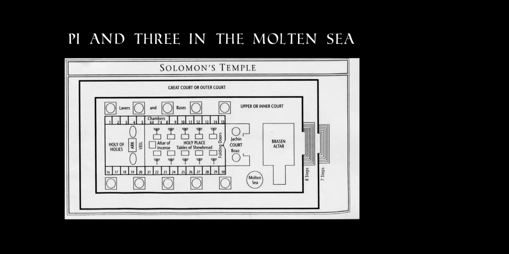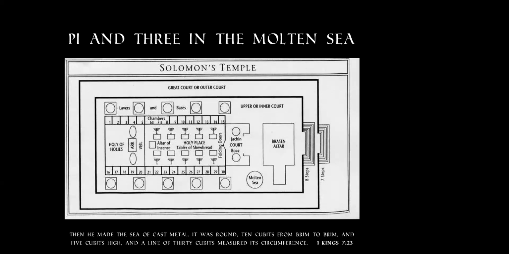There's various things that have been said about it over the centuries, but what is generally assumed to be the case, I'll show you in a second when I show you an image of the circle, is that these two measurements are actually part of a relationship between pi and 3. So it's not that pi is looked upon as being equal to 3, but there is this significant relationship between pi and 3. Now, here is the quote from the first book of Kings.